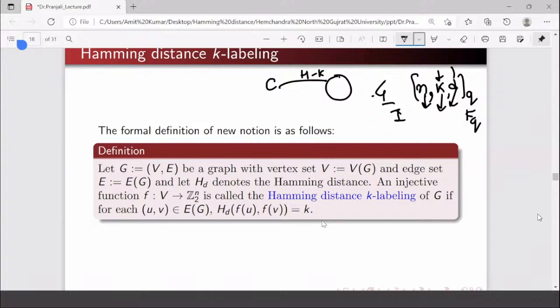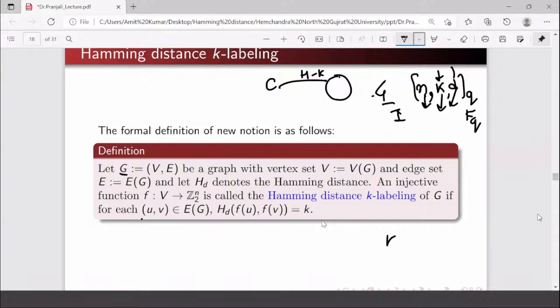Start from a graph, because we want to label the vertices. Let V be the vertex set, E the edge set, and let HD denote the Hamming distance. Then an injective function from the vertex set to Z to the power n is called a Hamming distance k labeling if, for each edge uv, the Hamming distance of the corresponding labels is k, k being a positive integer.